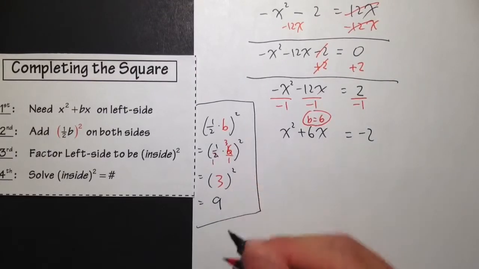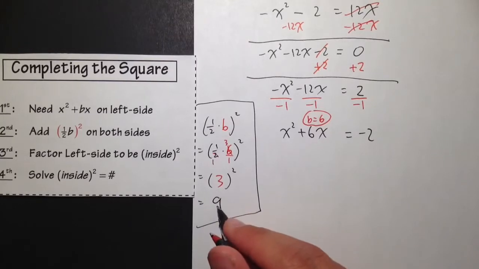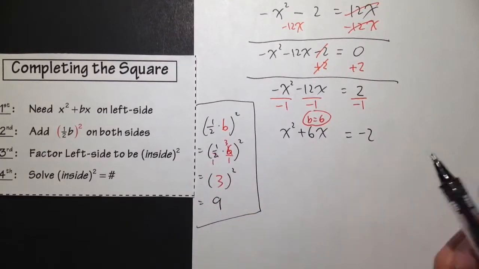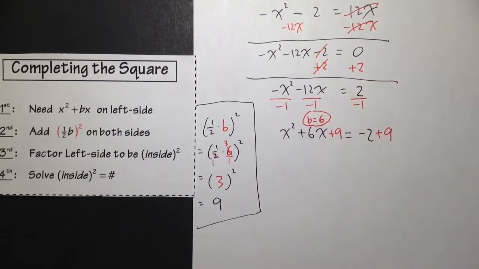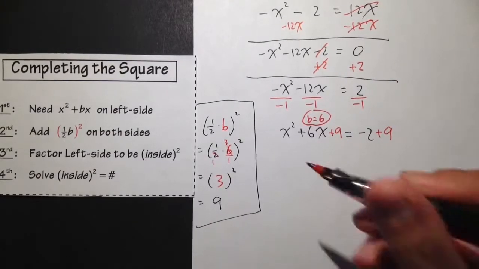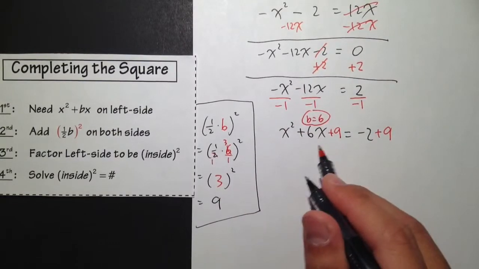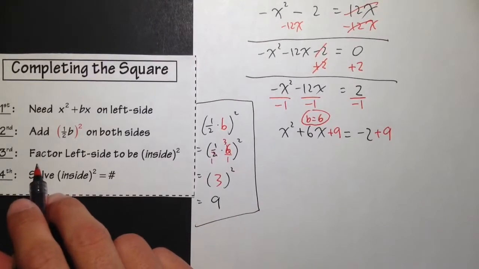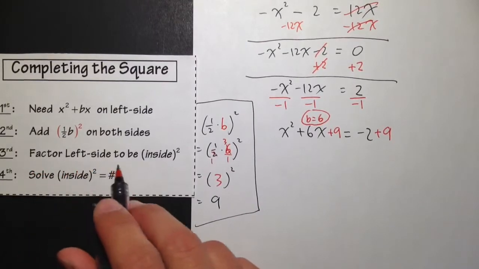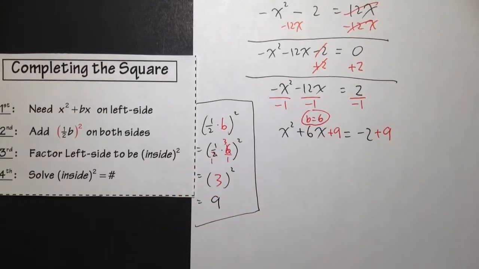This number, the 9, is the number that we are going to add on both sides. So I will plus 9 here, plus 9 right over there. And then if we do the steps correctly, the left hand side right here is always going to be factorable. So the next step, we are going to factor the left hand side to be something inside to the second power.